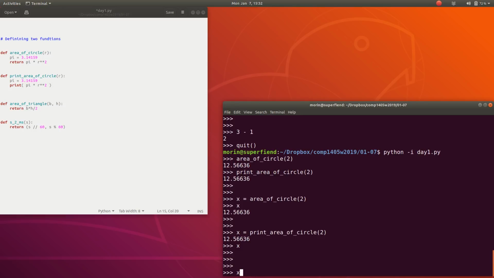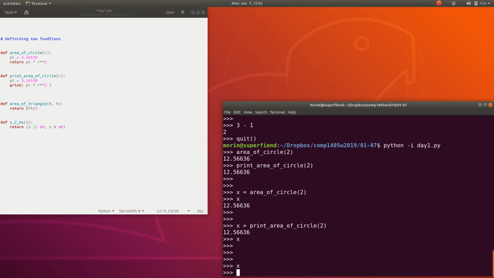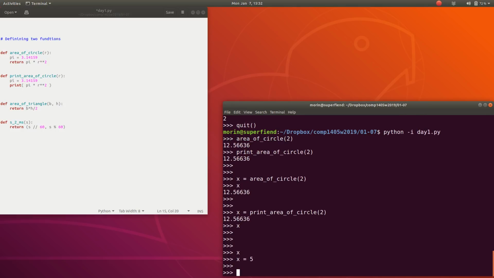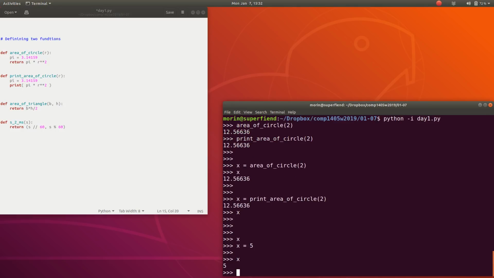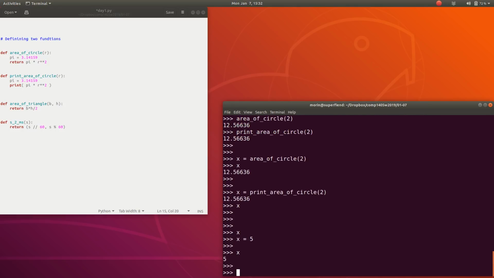So I must be asking what the value of x is, and then it tries to show me, but there's nothing there to show. Whereas if I say x equals 5, it looks at this command and says, here he's assigning 5 to x. He probably doesn't want to see 5 show up again, so it doesn't show me anything. But now it shows it to me.